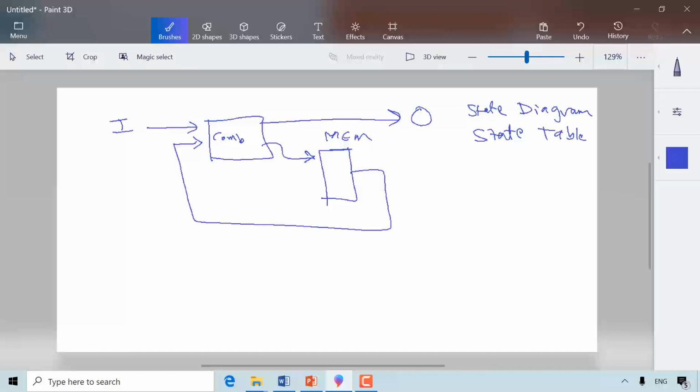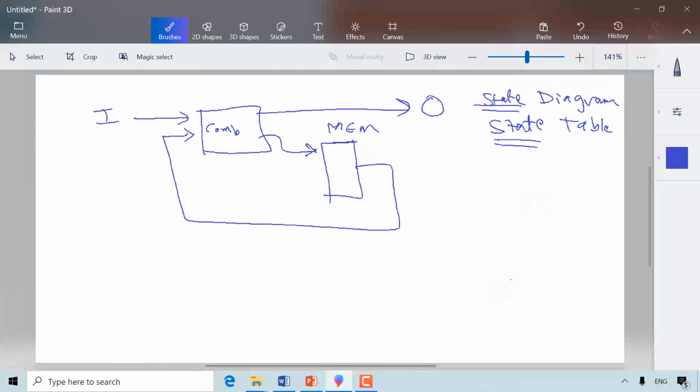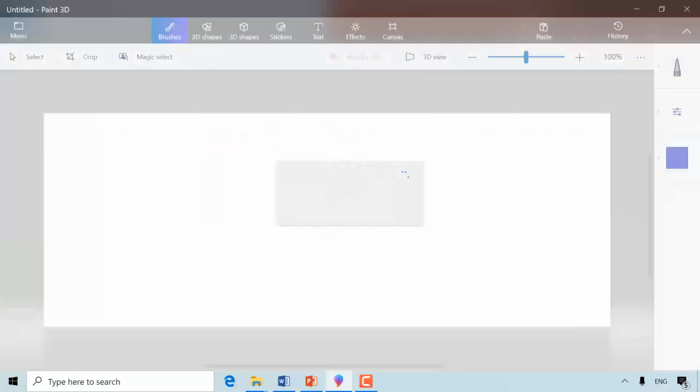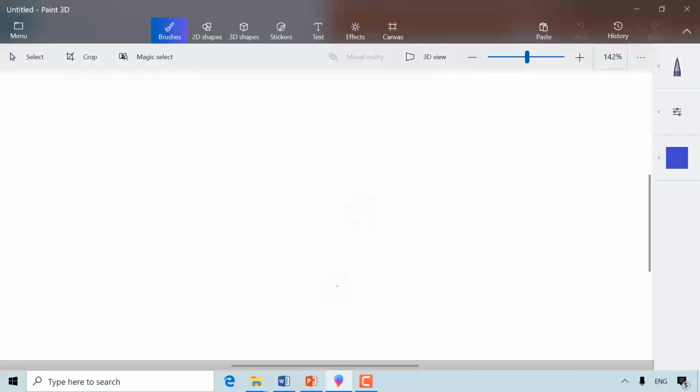So, what is a state diagram and what is a state table? In the sequential circuit, let's pick another example. Suppose I have a sequential circuit where I have two flip-flops. Here is one flip-flop, and here is another flip-flop.